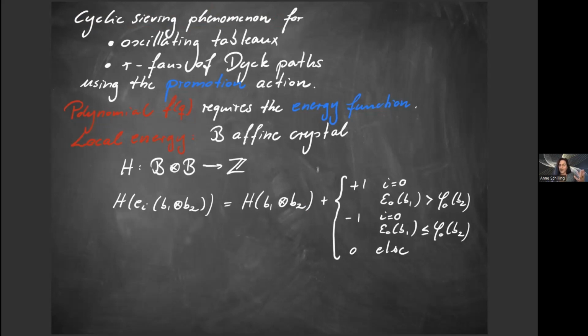So basically, the energy function is something that comes from statistical mechanics, and this actually uses affine crystals. So you also need some zero action on your crystal. And the local energy basically is defined recursively by saying you add plus or minus 1 or nothing, depending on how this affine crystal acts.